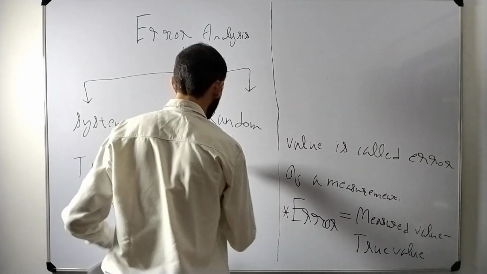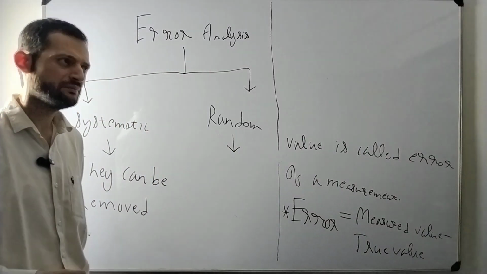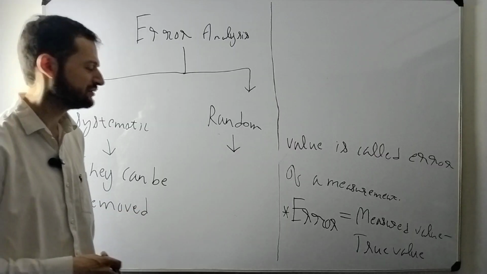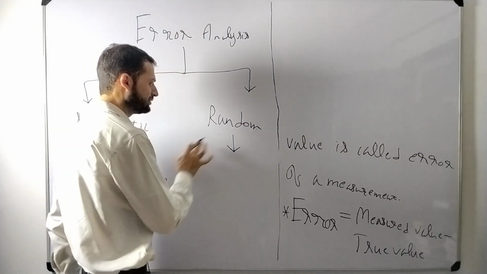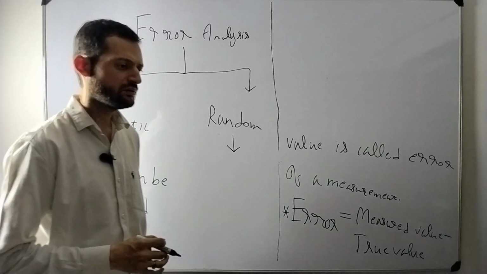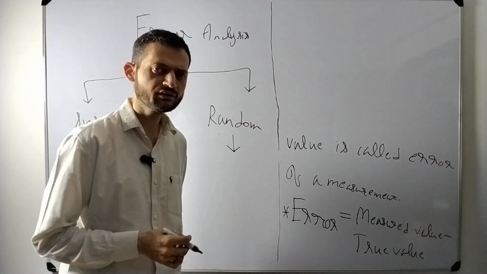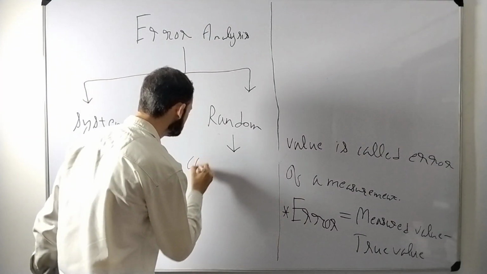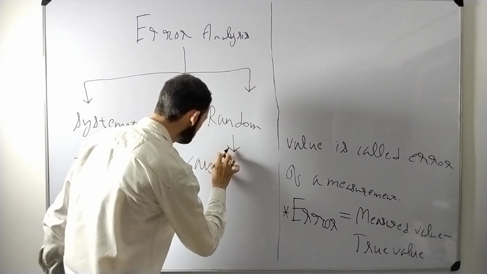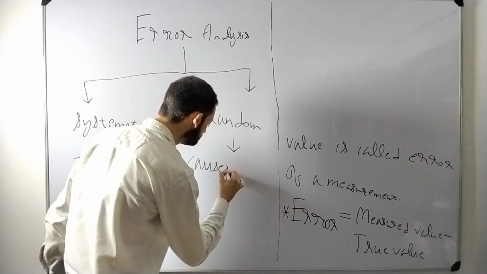And random errors: their causes are unknown. Like some malfunctioning happens within the experiment and values get changed a little bit.